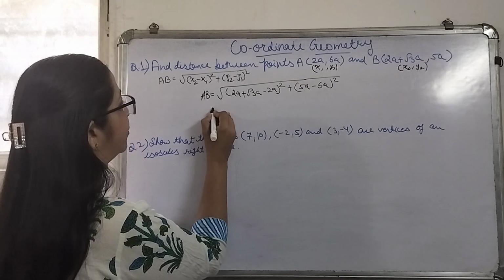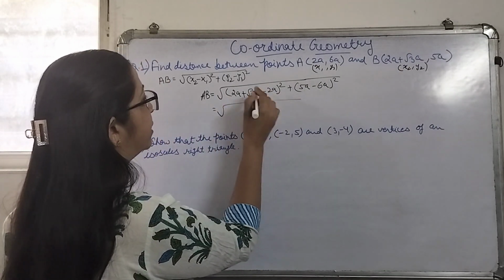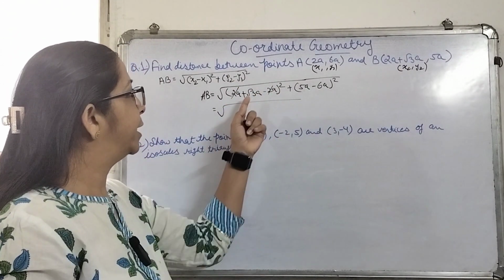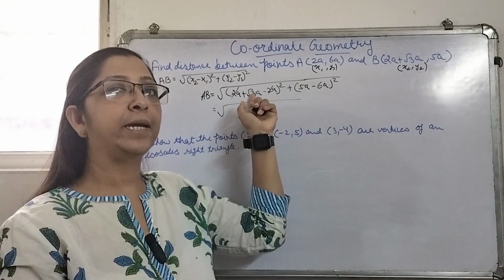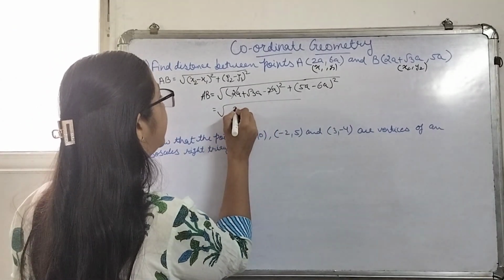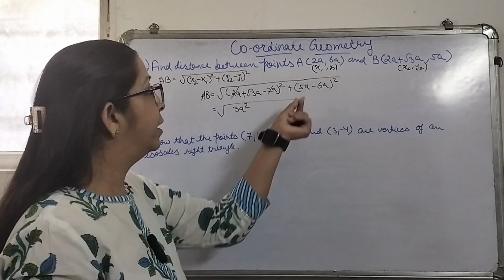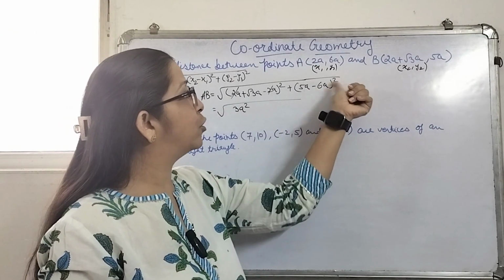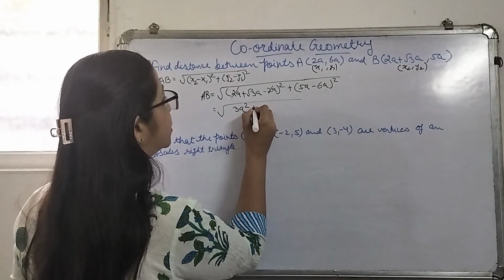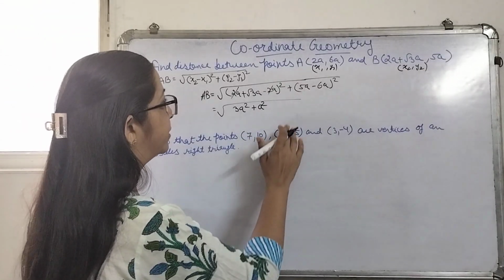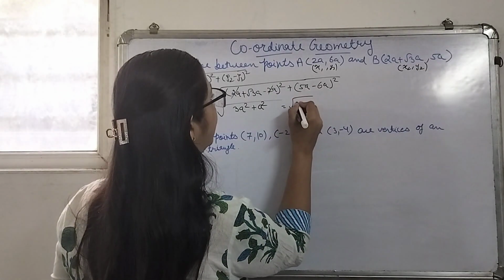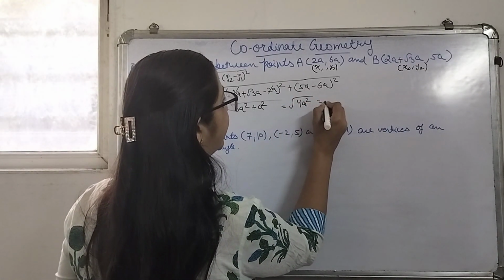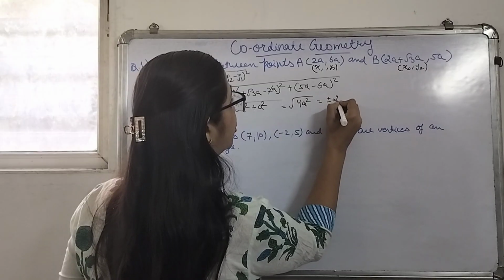Now if we solve it further, 2a minus 2a cancel. It will be the square of root 3a, that is 3a square. 5a minus 6a will be minus a, and minus a square will be plus a square. That will be root of 4a square, or we can say plus minus 2a.